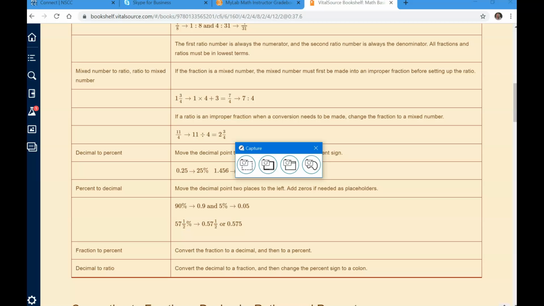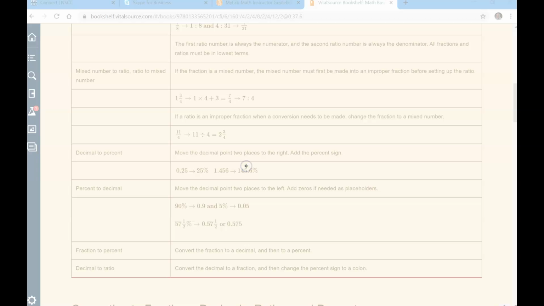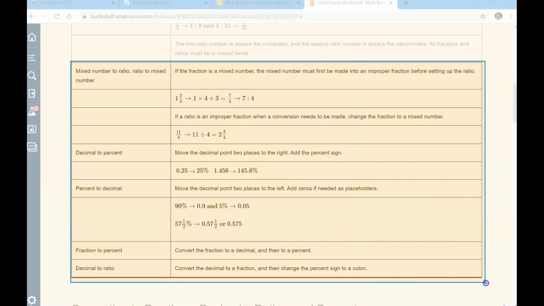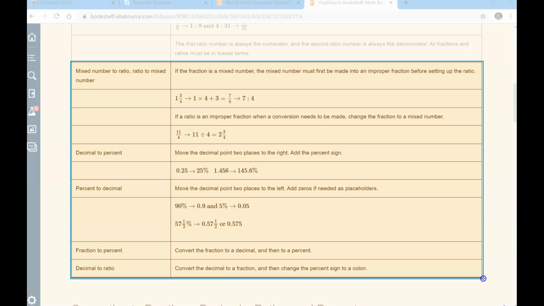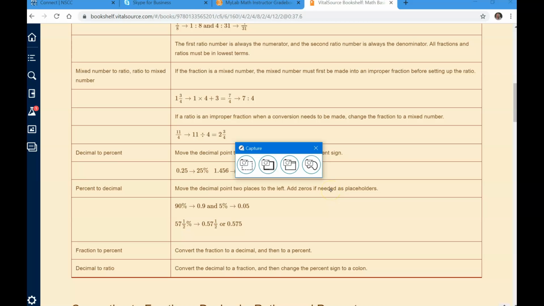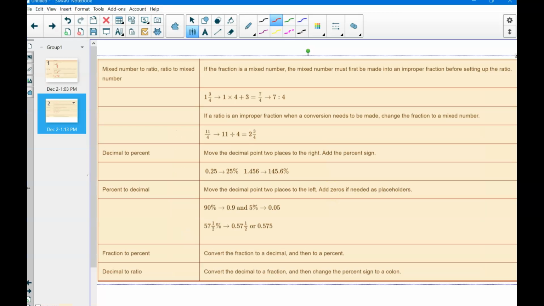Then what we said, finally, we said this. Mixed number to ratio and ratio to mixed number. So we had this ratio looks like this.